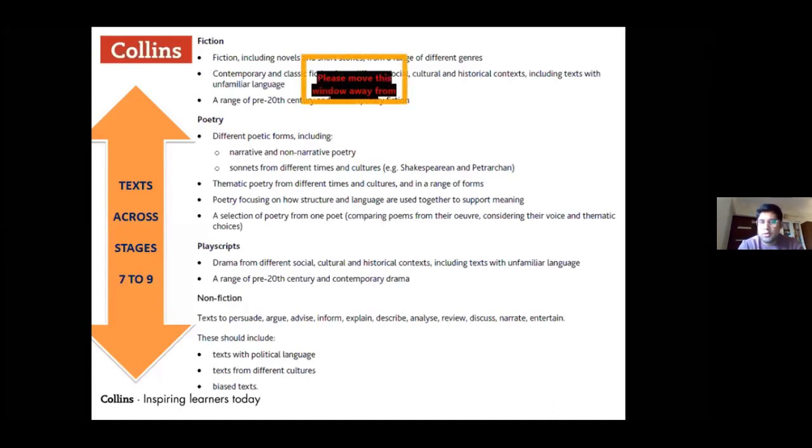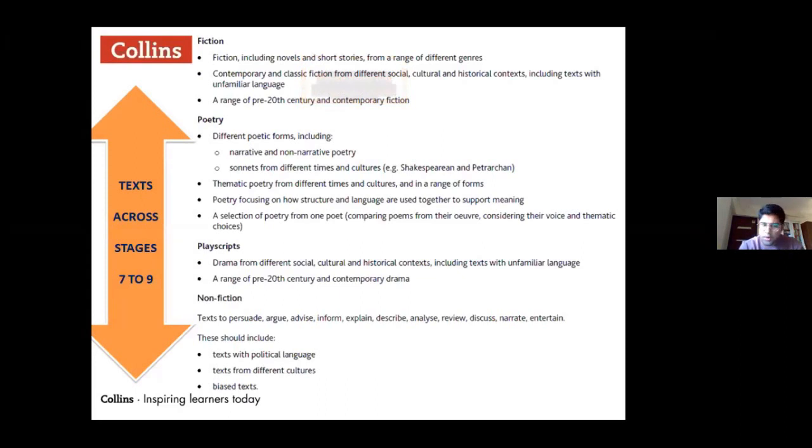For fiction text, we use a lot of novels, a range of pre-20th century fiction text, poetry, narrative and non-narrative poetry, sonnets, both Shakespearean and Petrarchan, thematic poetry, poetry focusing on how structure and language are used together to support meaning, a selection of poetry from one poet. Maybe you can take just one poet and compare the poems from their oeuvre. Oeuvre means the body of work, considering their voice and thematic choices, and a range of pre-20th century and contemporary drama.